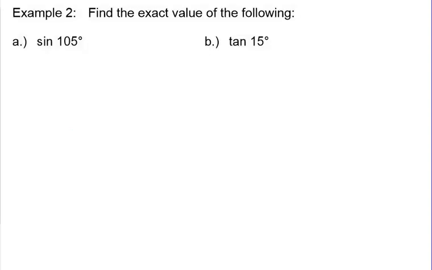So example 2, find the exact value of the following. So with these, we kind of want to think of our special triangle values. So we've got 30, 60, 45, and then we've got our quadrantal angles, so things like 0, 90, 180, 270.